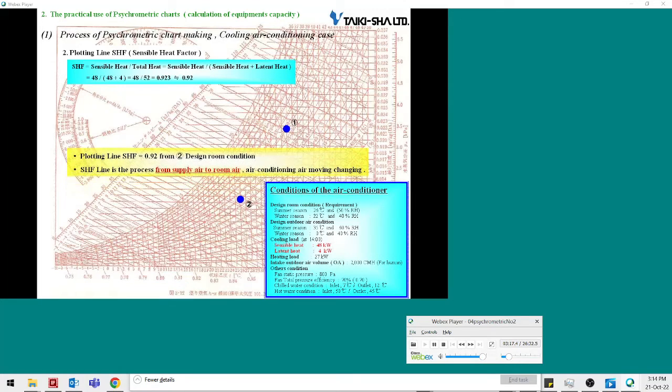The result is 0.92. If you connect the standard point and the point indicating the obtained sensible factor 0.92, you can draw the coordinate line for the sensible heat factor. Draw a parallel line to this SHF line starting from point 2.